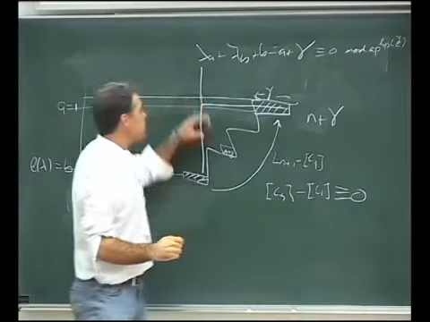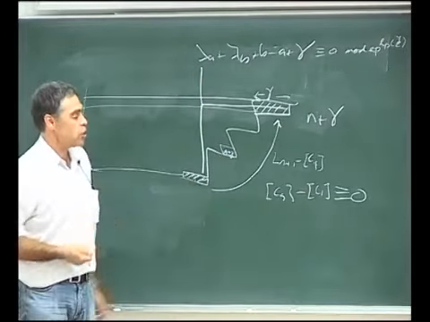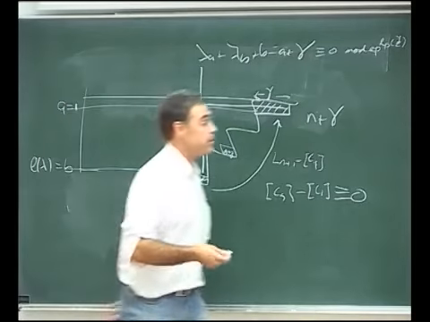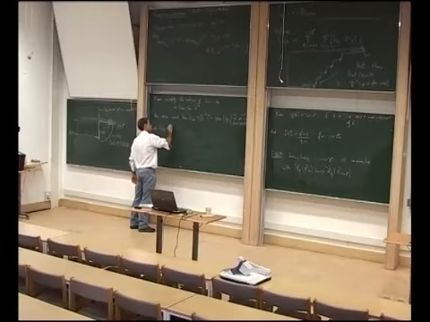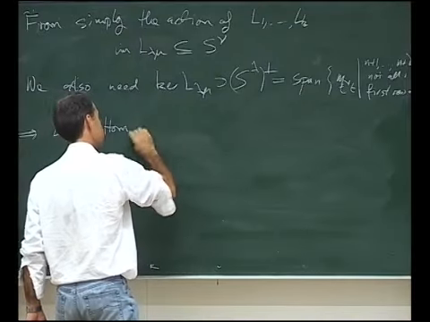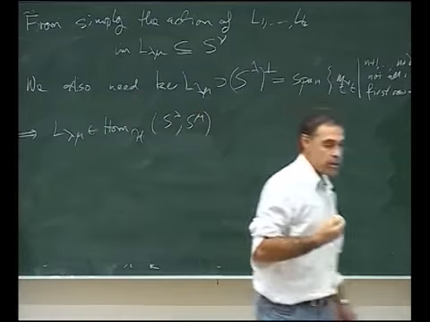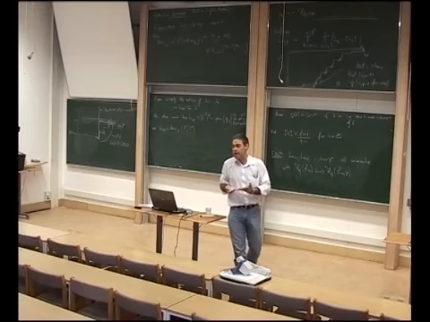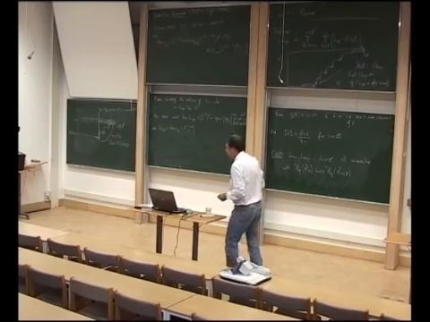And so this is going to be 0, since this is equal to 0. So that's where this condition comes in. These differences must be 0, and so that shows that the right things are in the kernel, and so I get an induced map.